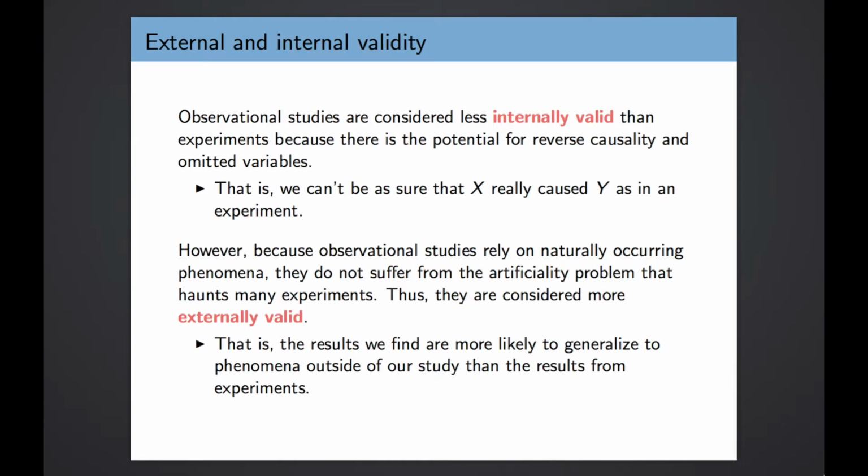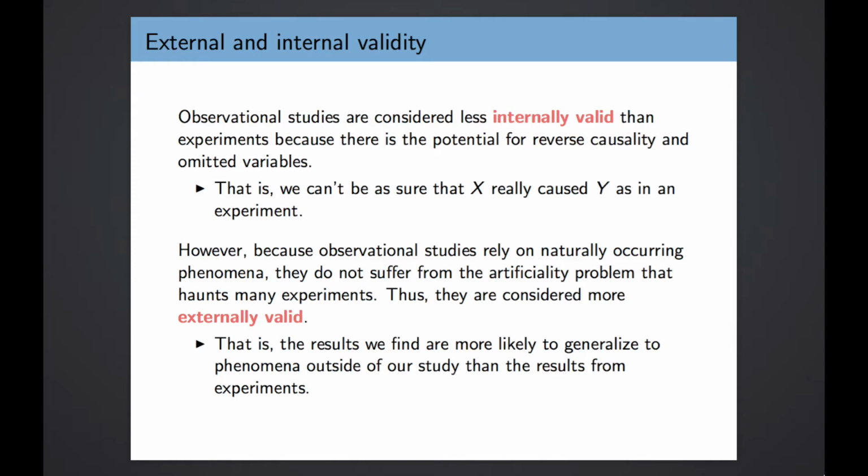In experimental settings, those are more artificial, and so external validity can be more of a problem. So in an observational study, the results that we find are more likely to generalize to populations and to phenomena outside of the scope of our study than the results from experiments are.